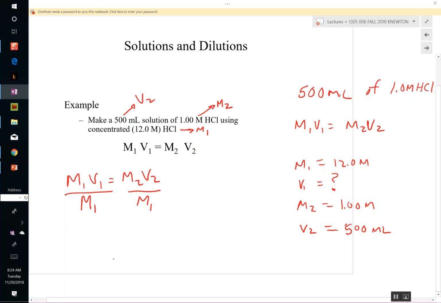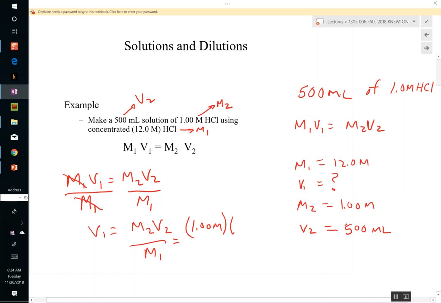See, your solving of problems is getting easier because we've used the same method to solve all these problems. Isolate your unknown on one side of the equation. So then you put in your numbers.